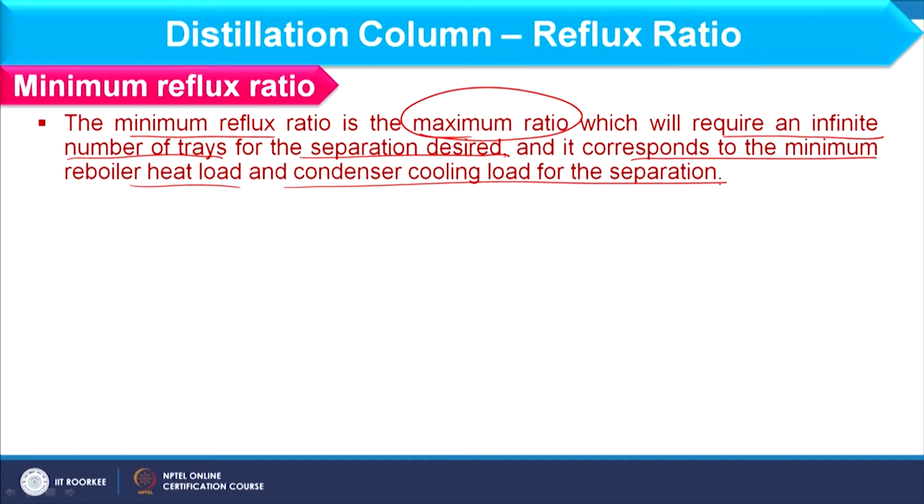So, in that case, if I am having minimum reflux ratio, we have minimum duty in the reboiler as well as the condenser. So, if I consider this condition, it means the number of plates will be infinite. It means the capital investment in the distillation column will be very high, we can say infinite.